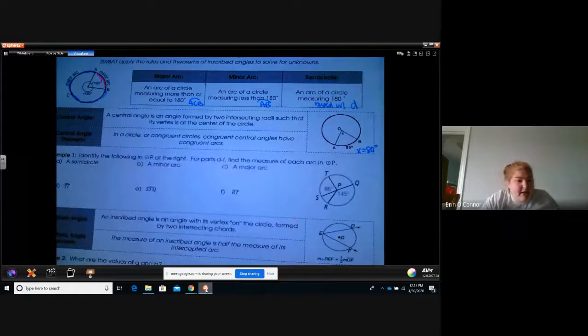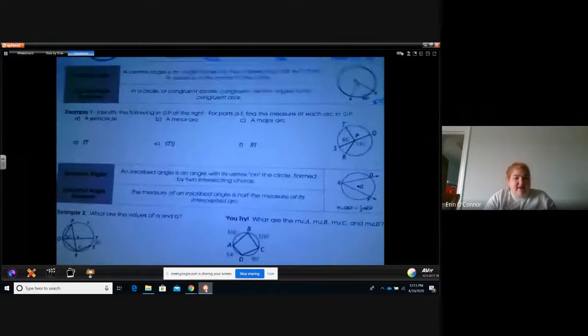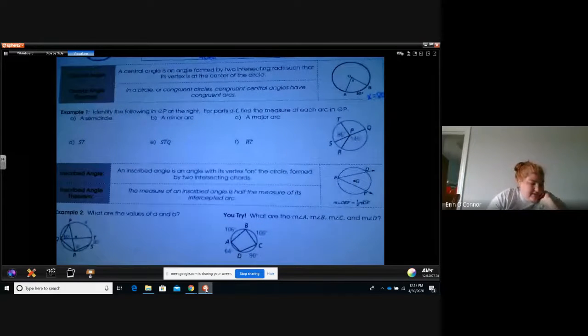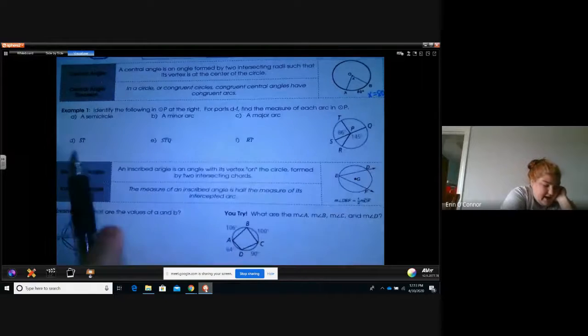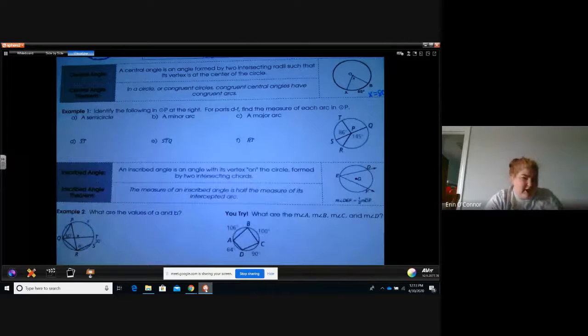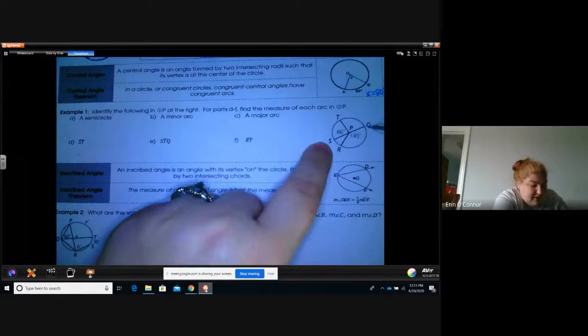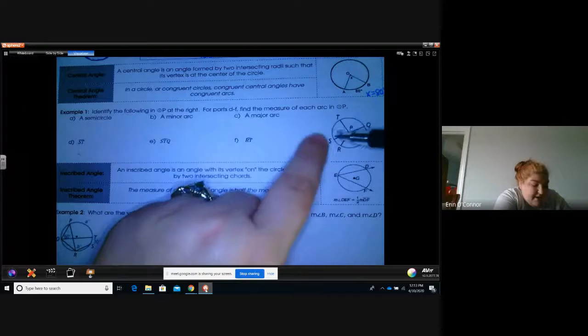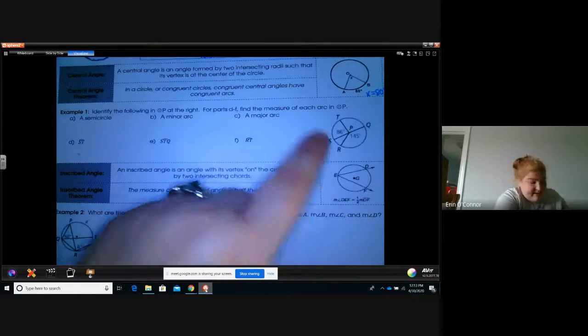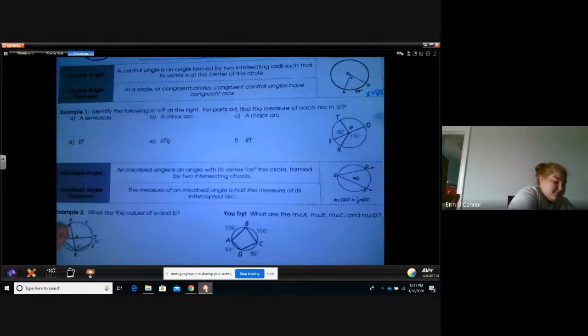Okay. Now, let's identify the following in circle P at the right. For parts D through F, find the measure of each arc for circle P. So a semicircle. A semicircle is going to be from S to Q because that's the diameter it goes through, crossing through the circle. And you can either call this SQ, you could call it STQ, SRQ, whatever you want. I'm going to call it STQ.